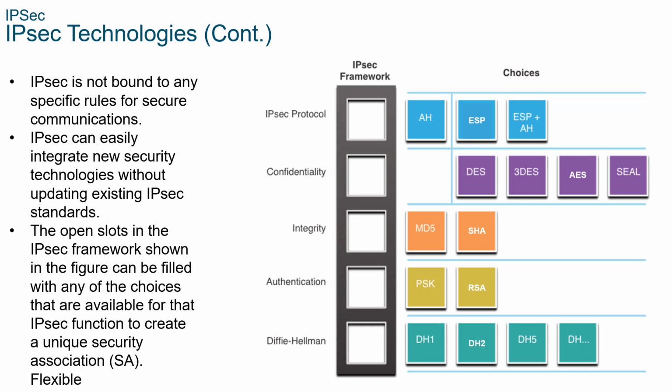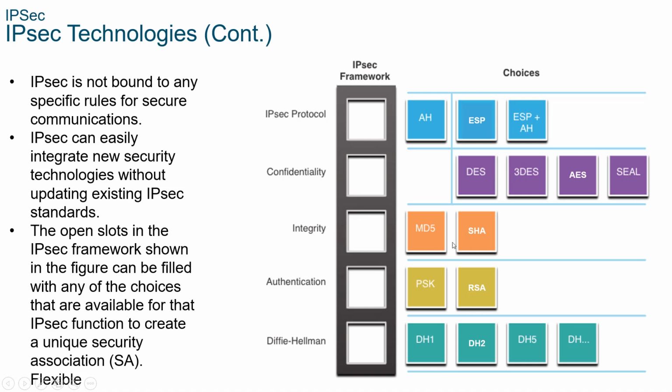Then I can choose whatever IPsec protocol I want and plug it in here. Same with confidentiality. I can choose any type of software feature that I want to add confidentiality. All right, so I build the framework to look the way that I want. So what kind of hashing do I want for integrity? Do I want to use MD5 or do I want to use SHA?